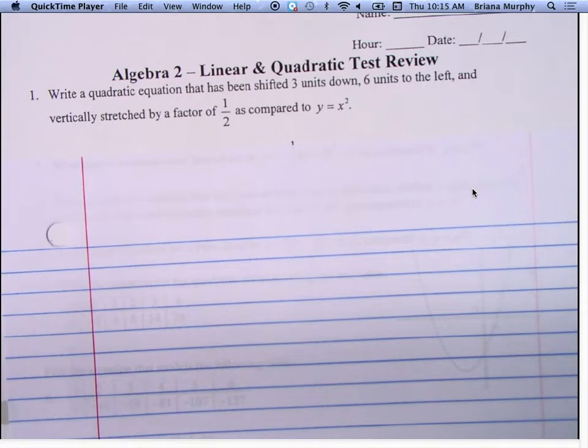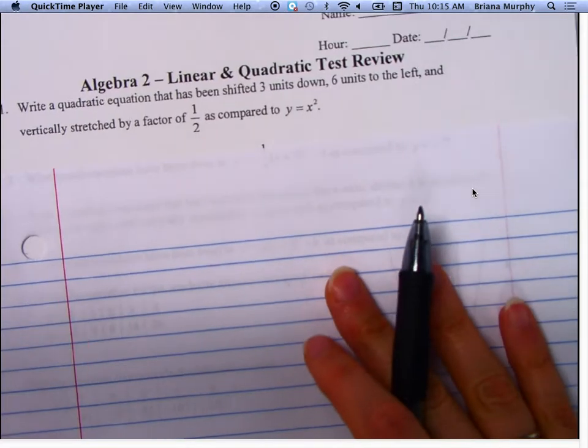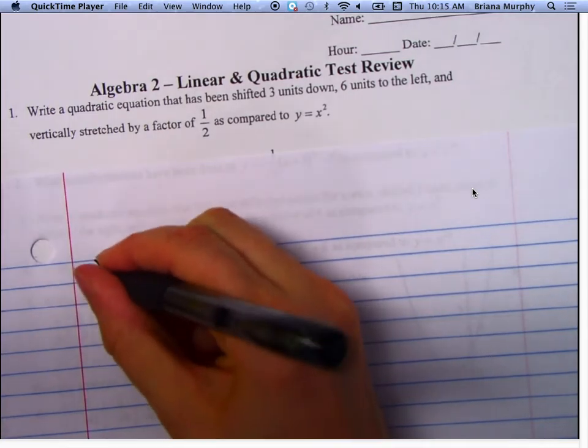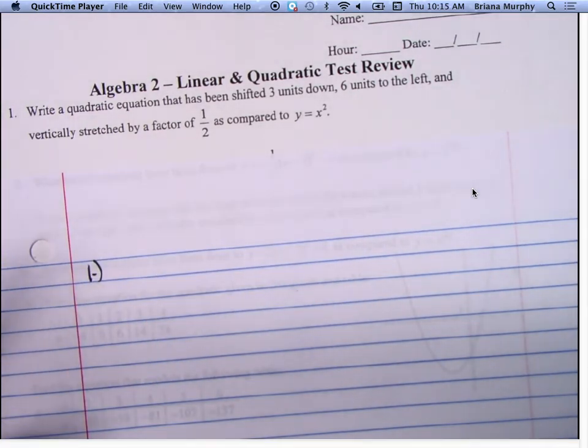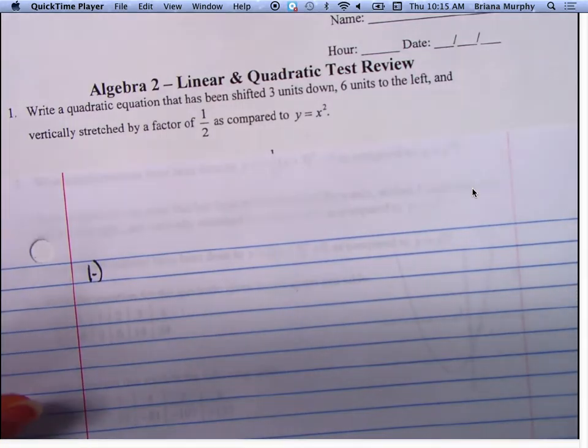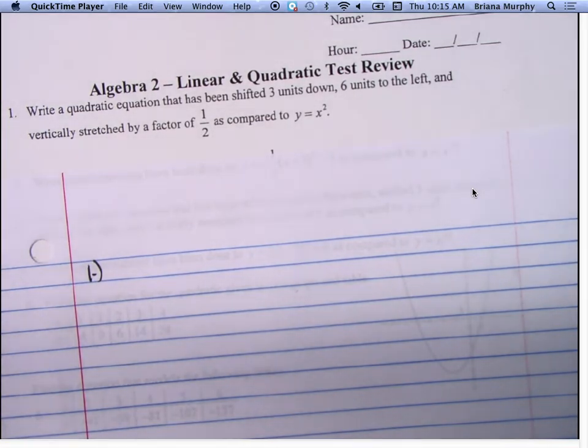I want to review what equation I am going to use to perform these transformations. I need somebody to raise their hands and volunteer. What am I going to use to perform transformations? What kind of form is it in? Standard, vertex, factored.